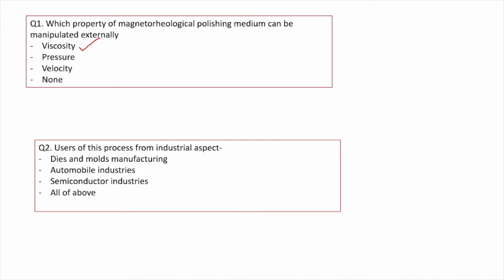In industry, the MRAFF process is used in automobile industries, semiconductor industries, even in medical industries, like medical instruments, say hip joints and knee joints, for finishing or polishing. So the answer will be all of the above.